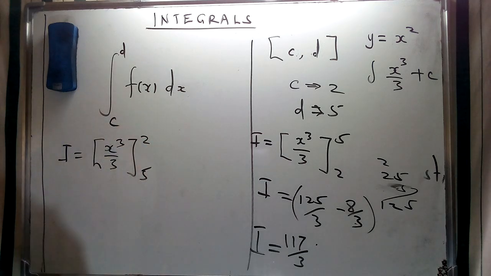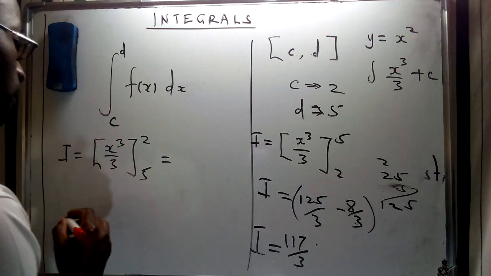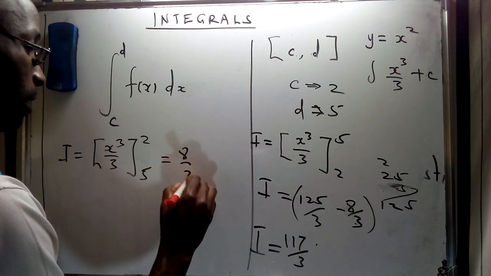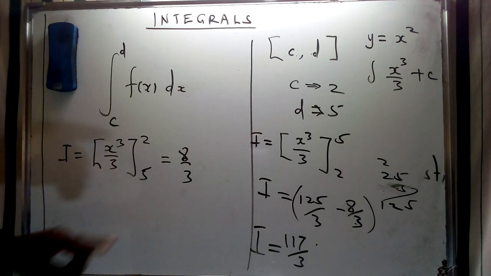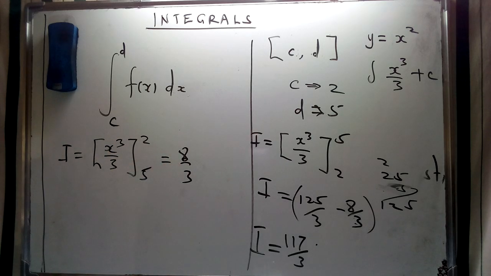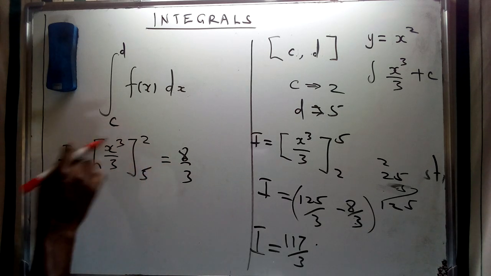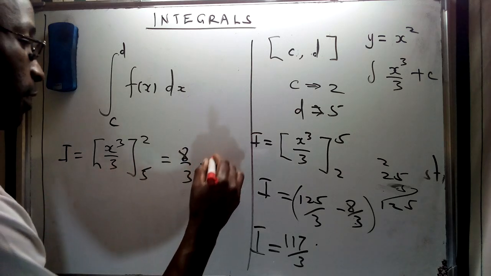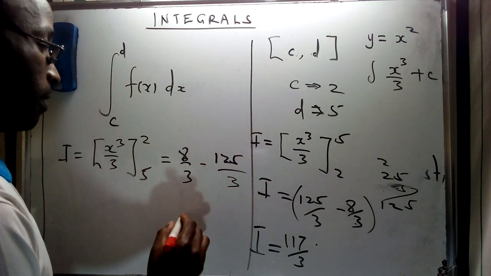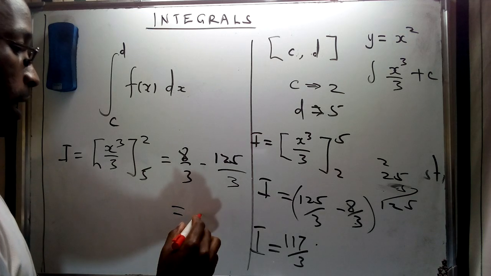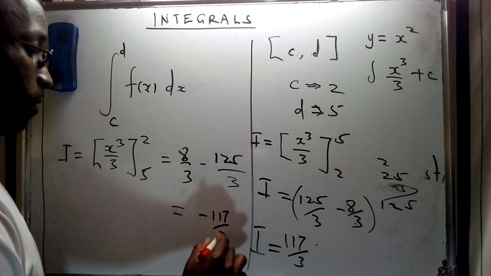So I've interchanged, or flipped, the limits of integration. Substituting the value of x for 2 gives 8 over 3, and for 5 it is going to be minus 125 all over 3. So this is going to give me negative 117 over 3.